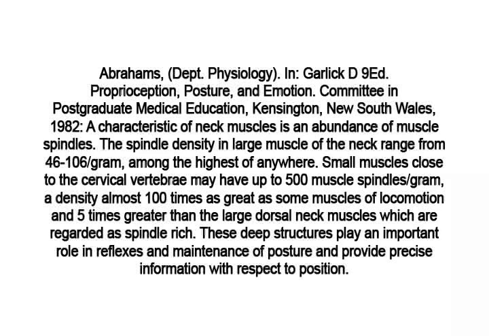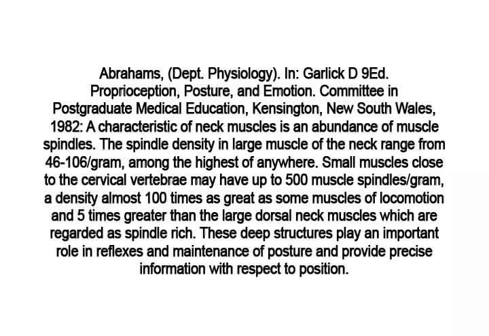Now, the second study is from 1992, Abrams in 1992. This study talks about the density of those movement receptive nerves, or joint position nerves, in our neck. A characteristic of neck muscles is an abundance of what's called muscle spindles. Now, the muscle spindles are those movement nerves, so to speak. The density in a large neck muscle is about 46 to 106 per gram of muscle.